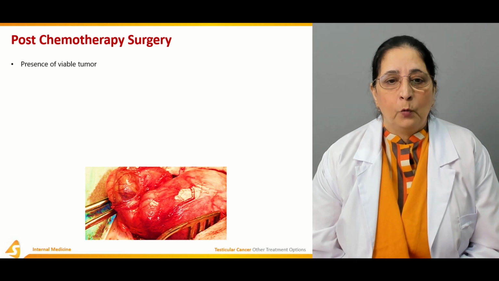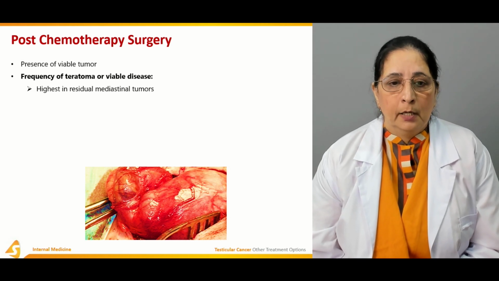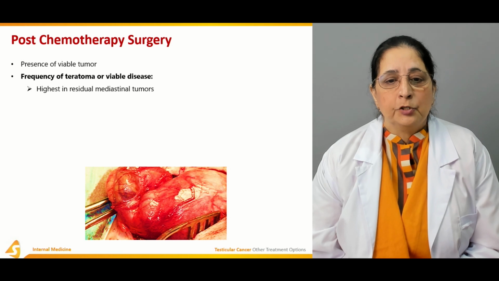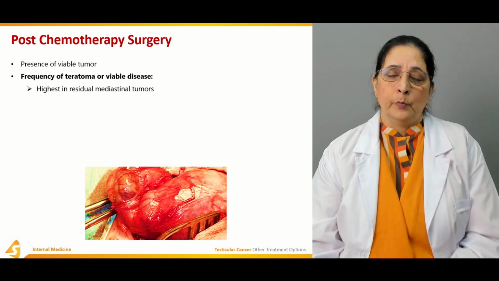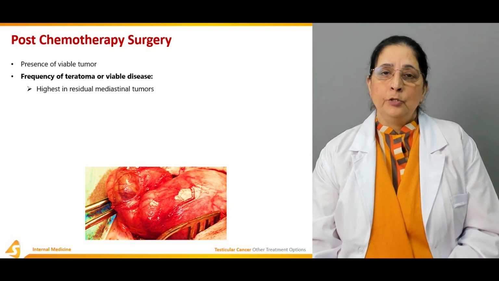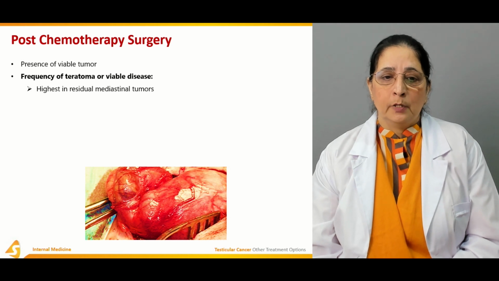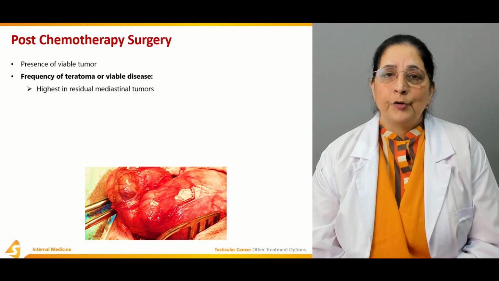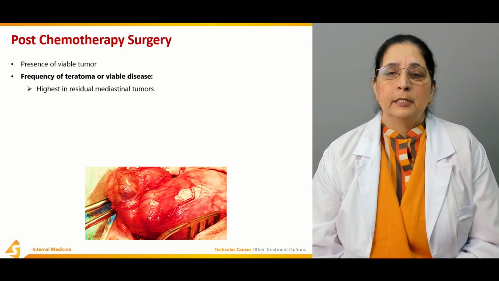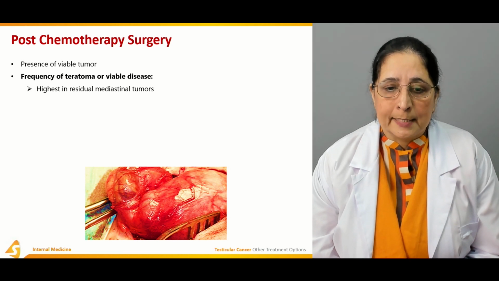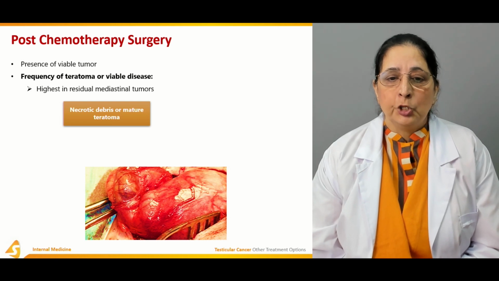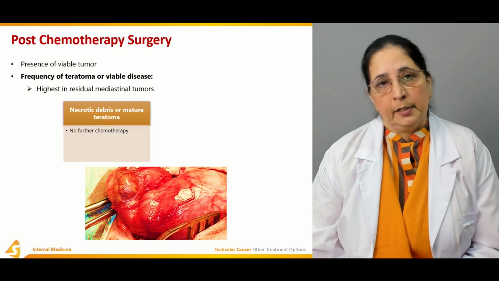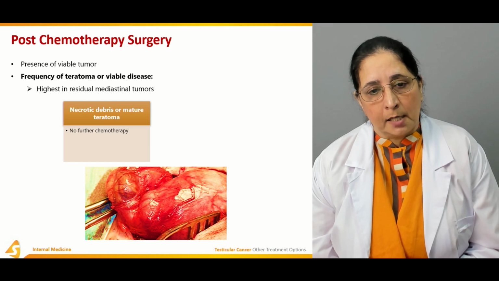Presence of viable tumor: the frequency of teratoma or viable disease is highest in residual mediastinal tumors. If there are residual mediastinal tumors, there is an increased frequency of teratoma or viable disease. With necrotic debris or mature teratoma, no further chemotherapy is done.